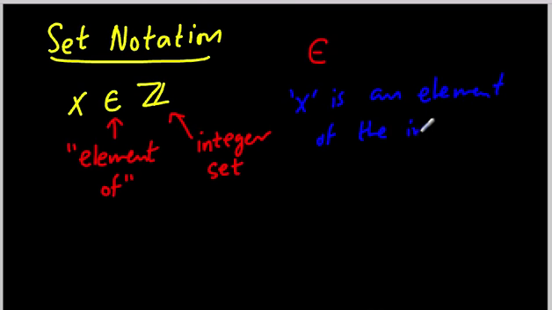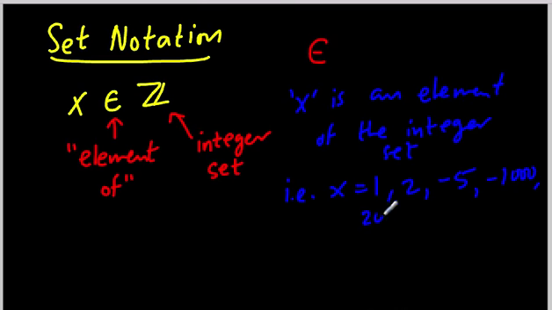For example, x can hold the value of 1, of 2, of -5, and lots of values like -1,000.